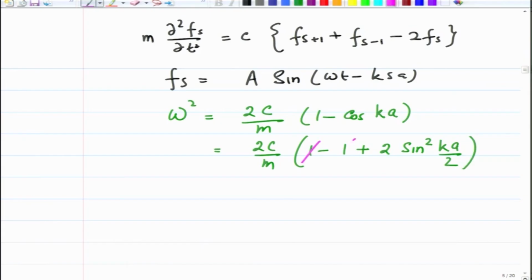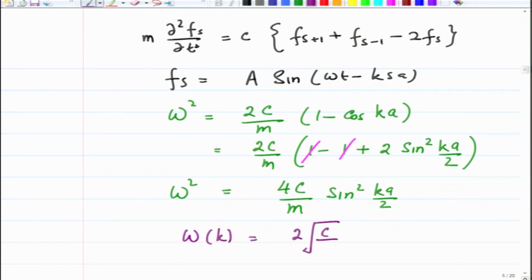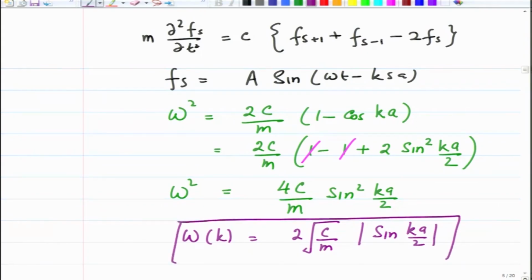This 1 cancels, and I end up getting that omega square is equal to 4c over m sine square k A by 2, and therefore, omega as a function of k is given as 2 square root of c over m modulus of sine k A by 2. Modulus because omega is always positive. This is my answer.